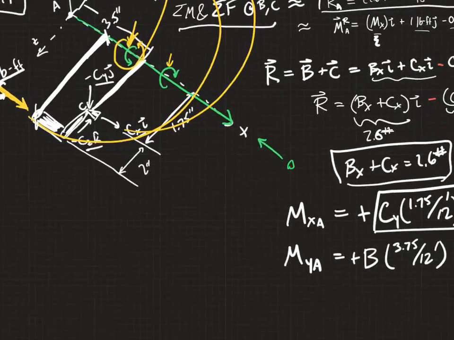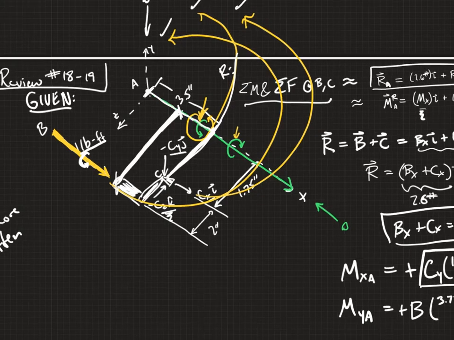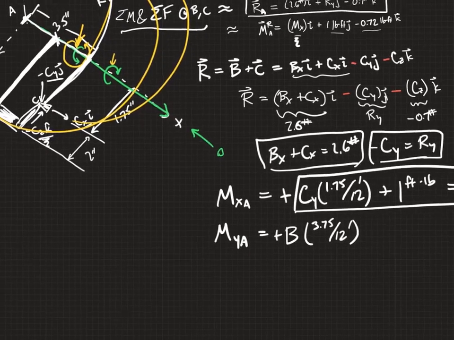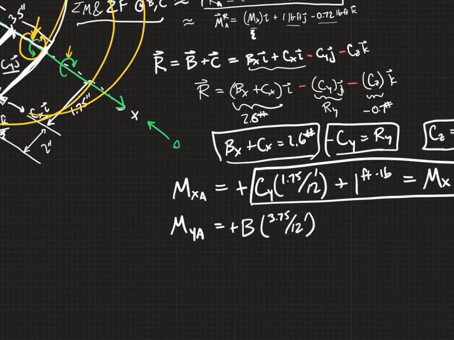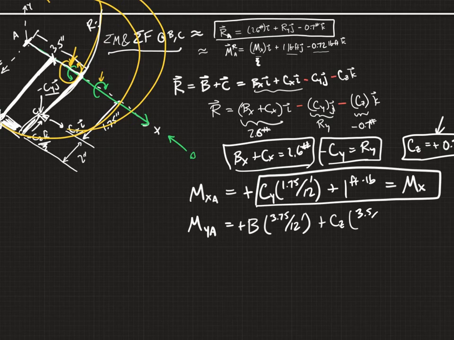And then we've got to get these C's. So we've got CZ times K, and that's going this way. Its moment arm is a perpendicular distance, right? So that's 3.5 inches. So that's plus CZ times 3.5 over 12 feet.